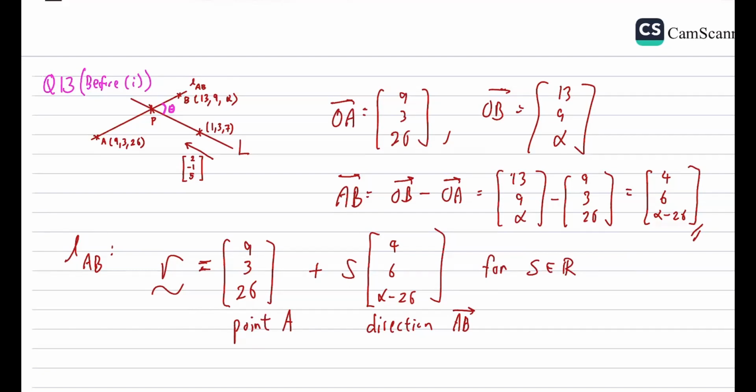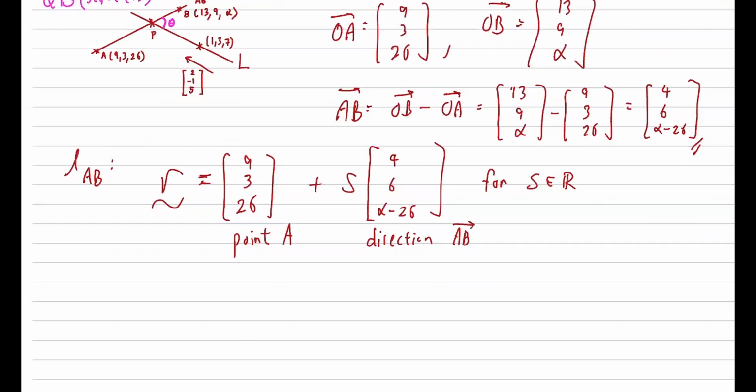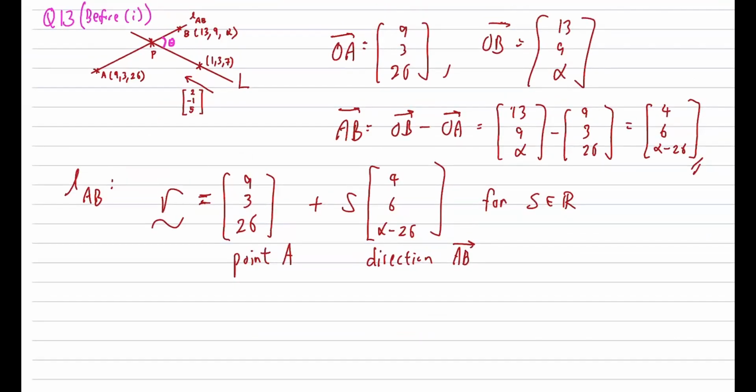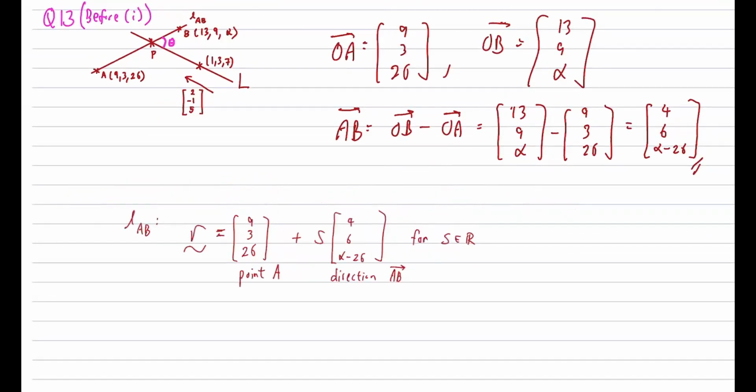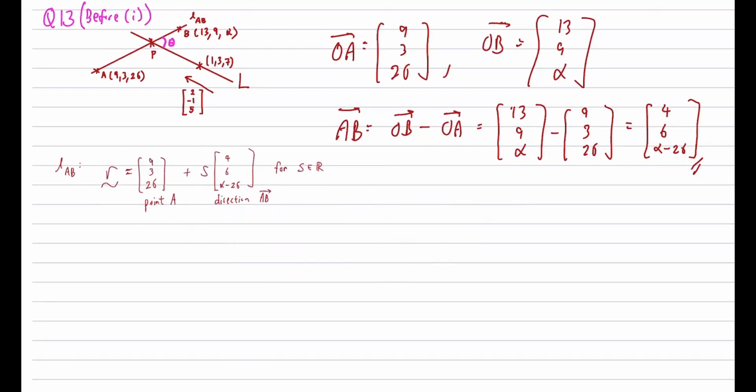There's a point of intersection P, right, between this capital L and L_AB. Right? So let me just shrink this down a little bit. What did they tell us? They tell us they intersect.